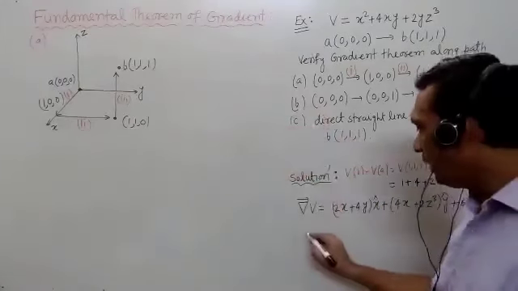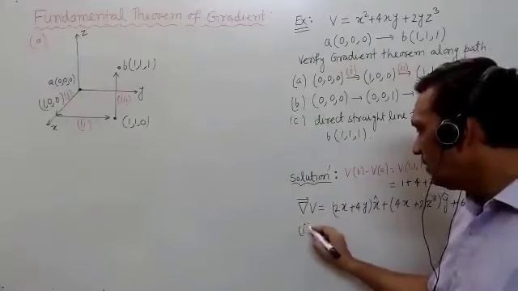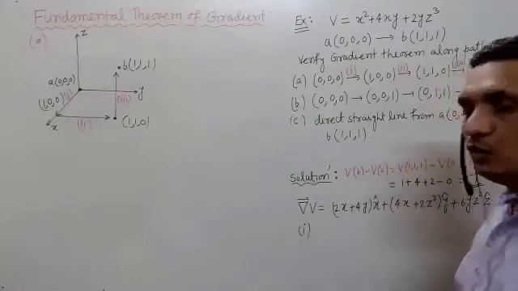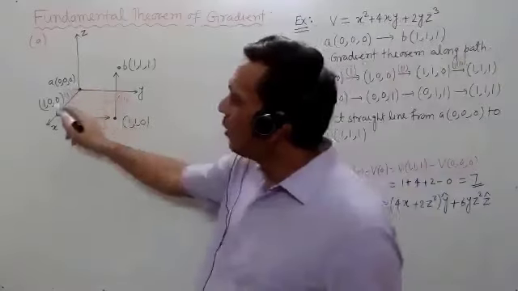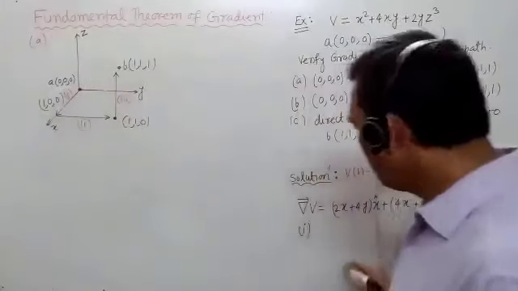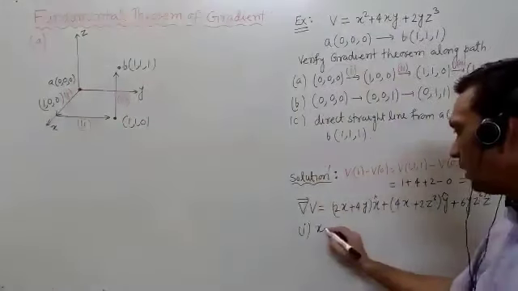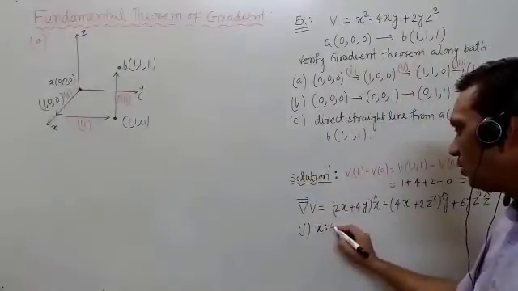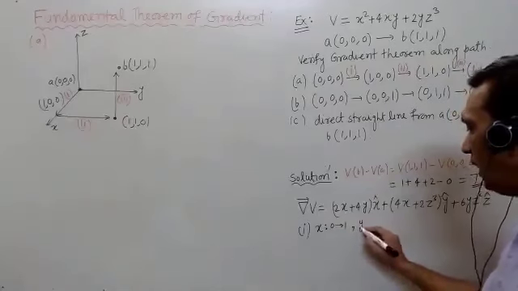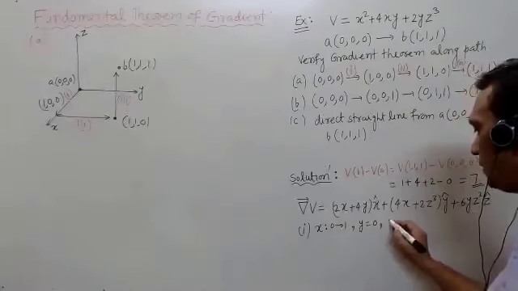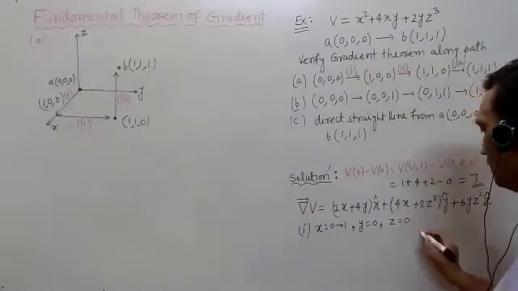Now segment 1. You can see segment 1, you have to write the dl vector. So you have to first see how x, y, z varies. In this case, x varies from 0 to 1, y is 0 and z is 0.